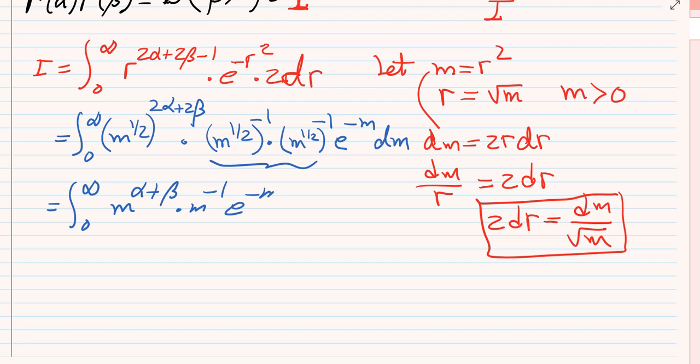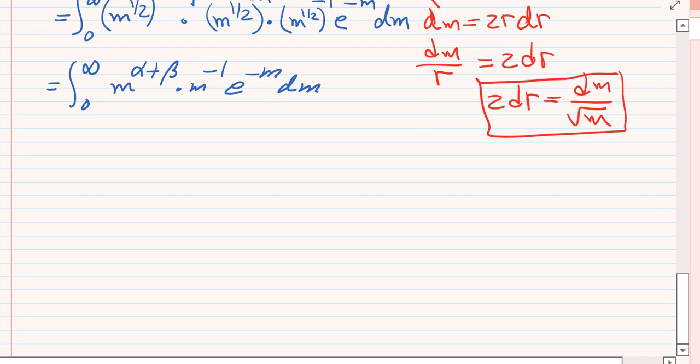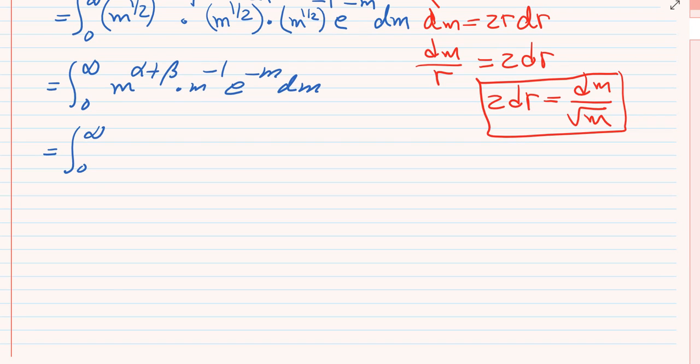And then e to negative m dm. Good. And we'll be done in just one more step. In our next step, we're going to combine the two factors. So that's going to make it m to the power of alpha plus beta minus 1, e to negative m dm. And of course this is gamma of alpha plus beta.